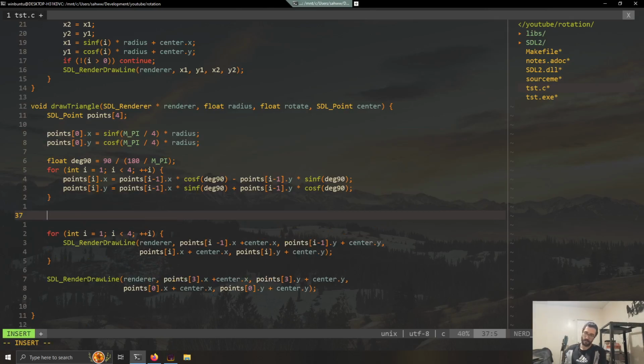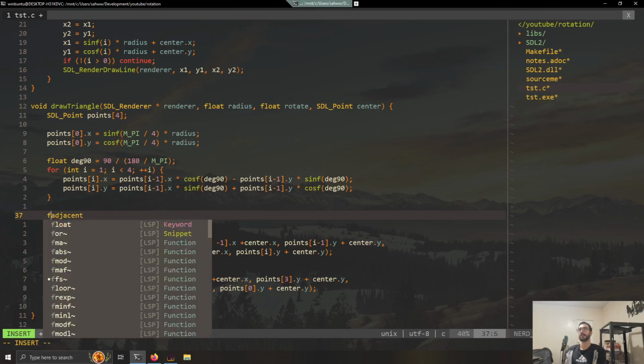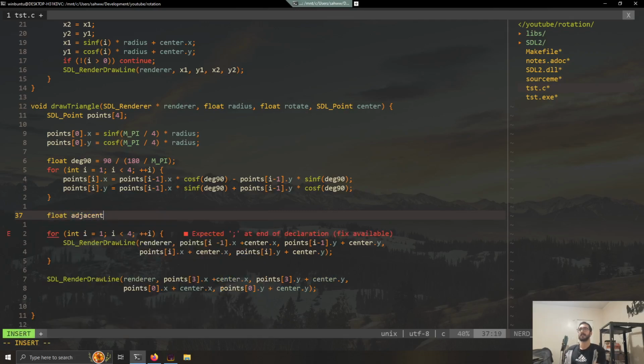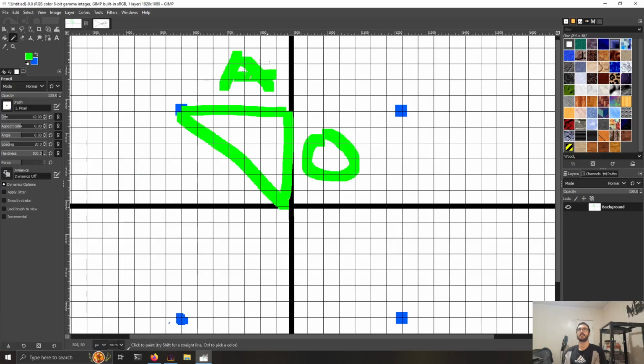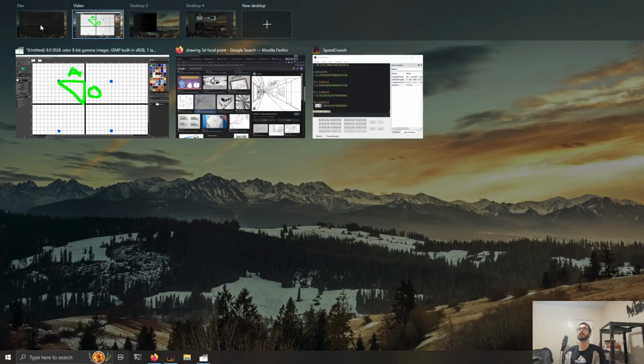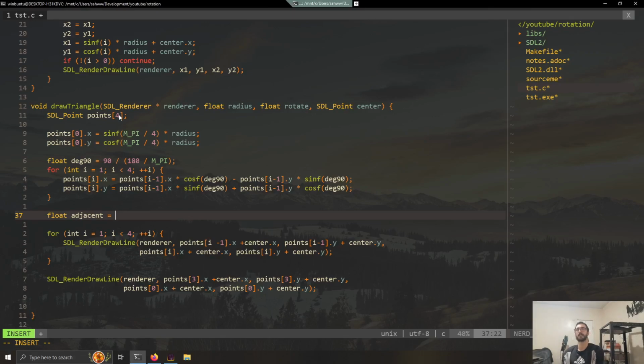So first, we're going to have to find the adjacent and the opposite. So to find the adjacent, which is this top part, A. That's opposite. So we're finding the A. We can do the width of the screen minus whatever x is of that point.